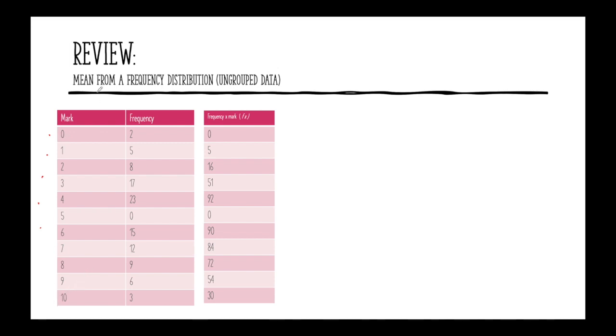In order to find the mean from a frequency distribution, this data is ungrouped. So I have individual marks here. It has no intervals, no groupings. So in order to find the mean from a frequency distribution of ungrouped data, we had to use this formula.